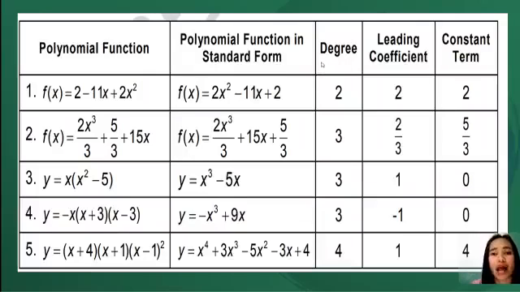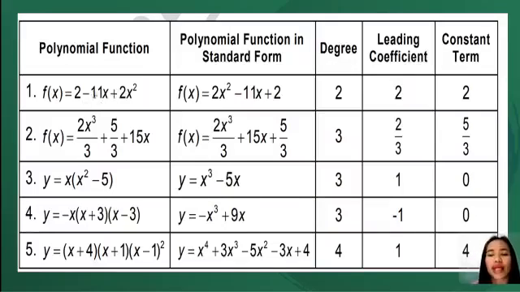Then we're going to have the degree. The degree is the highest exponent. The leading coefficient is the numerical coefficient of the leading term. What's the leading term? The leading term is the term wherein we have the highest exponent or the degree. And then the constant term. What's the constant term? It's the term without any variable.